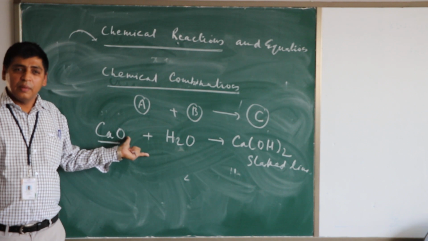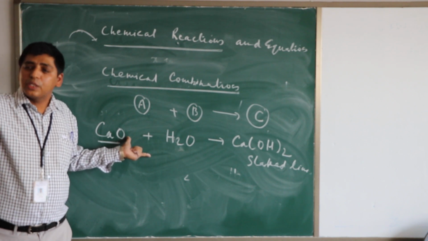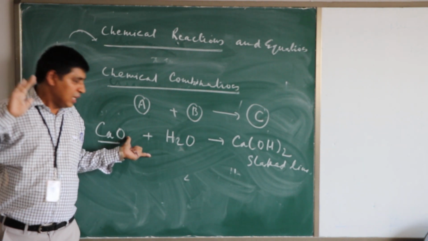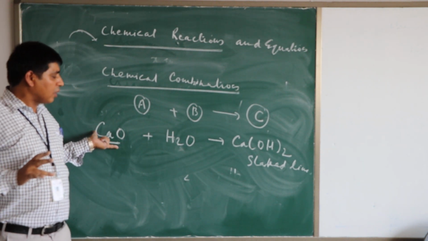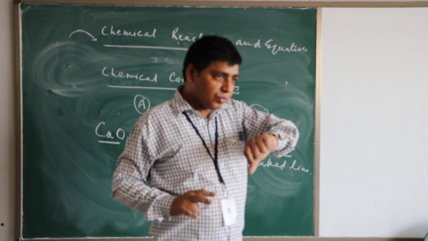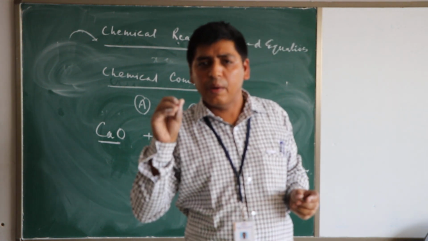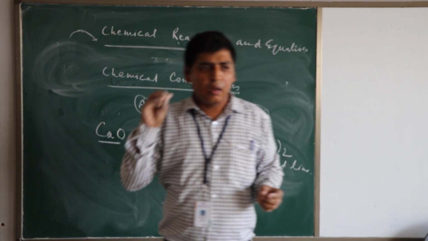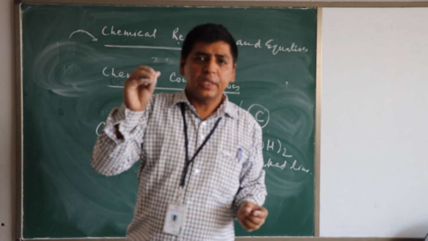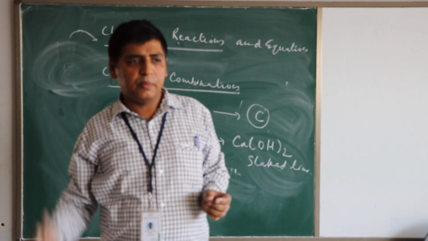Not 100%, but the majority of chemical combination reactions are exothermic. So calcium oxide combined with water gives calcium hydroxide. This is the first type of chemical reaction, called the chemical combination reaction. Next class I will teach you the decomposition reaction, then displacement reaction, then double displacement reaction. Thank you.